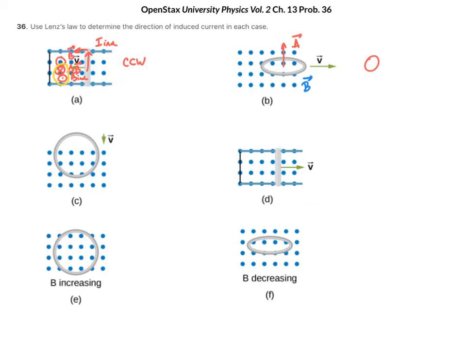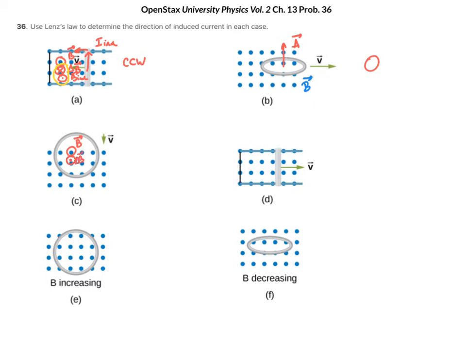Now in part C, we have a magnetic field originally in this direction. So this is B. And then as we're moving the loop more into the magnetic field, it picks up more magnetic field lines. So that means that the change in the magnetic field is also in this direction.